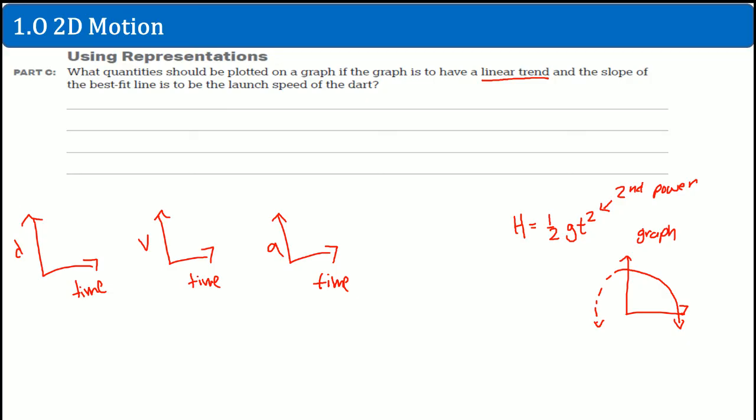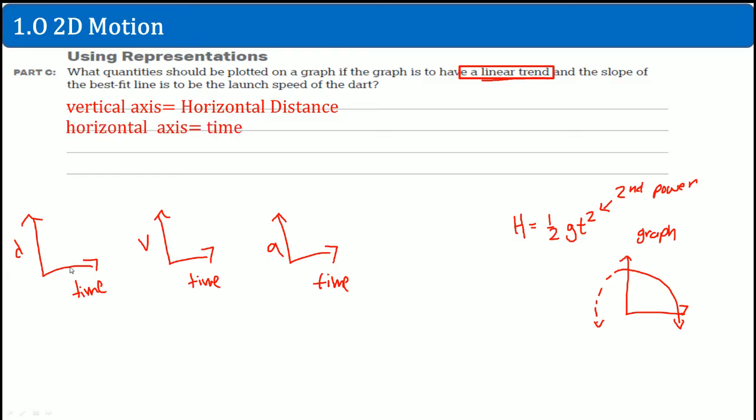So here is a potential answer. The vertical axis is your horizontal distance, so that's what we talked about here. And your x-axis should be your time, right? So this just becomes your distance, but in the horizontal. And it does work because, again, if you think about the equation that we wrote down, time is equal to the square root of 2 times h over 10, basically, because this is what g was.